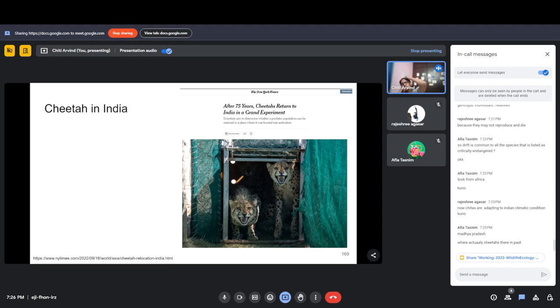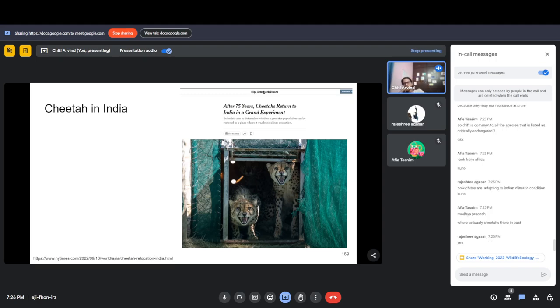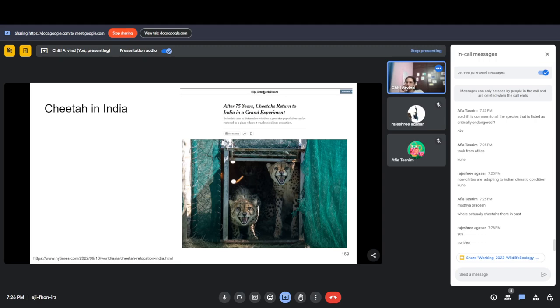Right. So the cheetahs that were present in India in the past were what cheetahs? Were they the same cheetahs? Were they the same species? No idea.